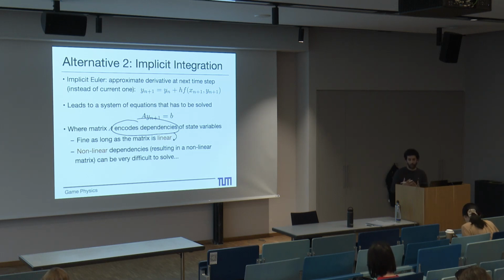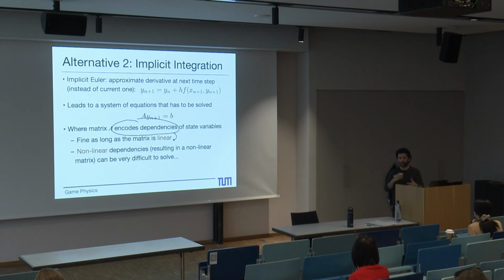We can also have nonlinear dependencies, but these might become more complicated, especially if the dependencies are in yn+1, because in that case we have a matricial equation that we need to solve rather than just a linear solve, and that's much more involved and complicated, so typically not recommended for these cases.